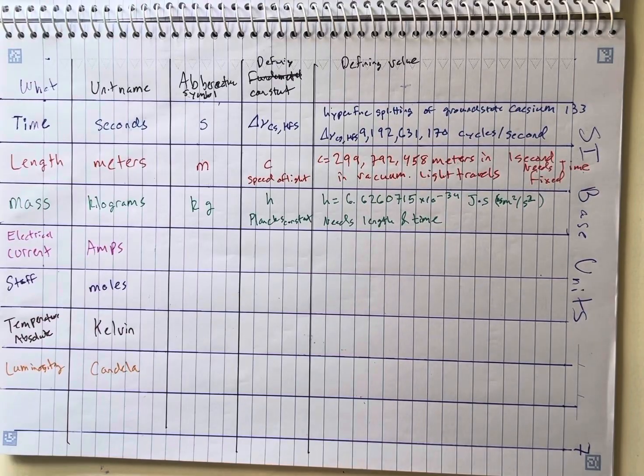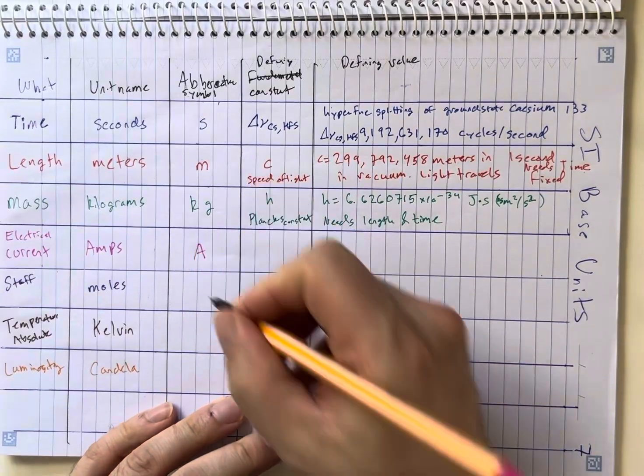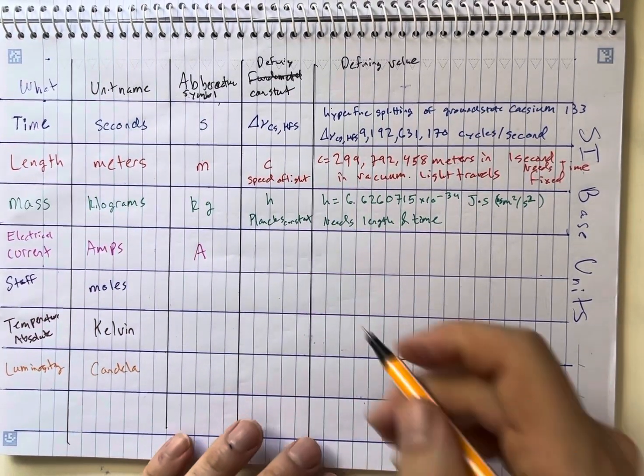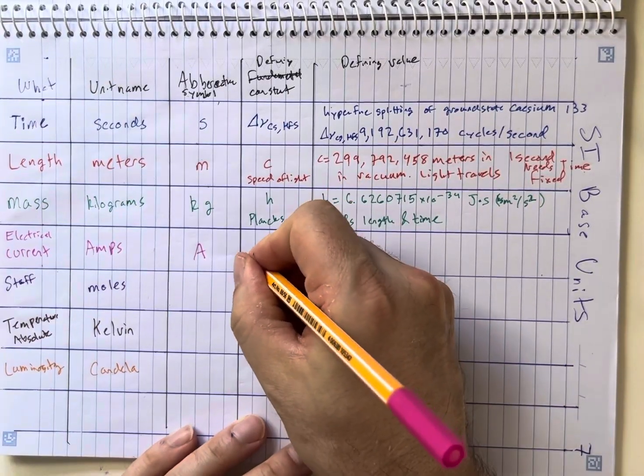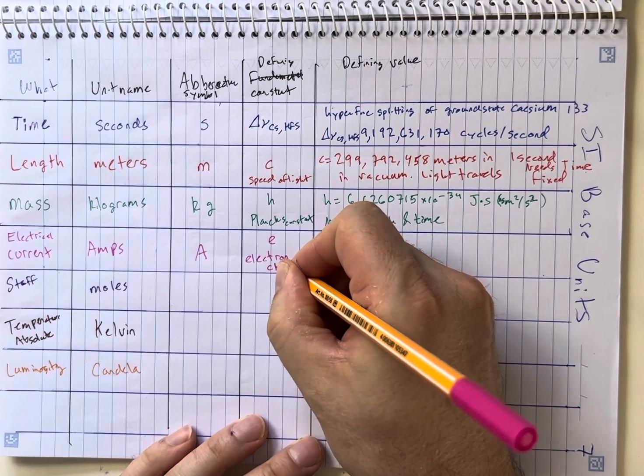Okay, electric current. Amp. So the symbol for amps is A. And this is defined in terms of the e, the elementary charge.